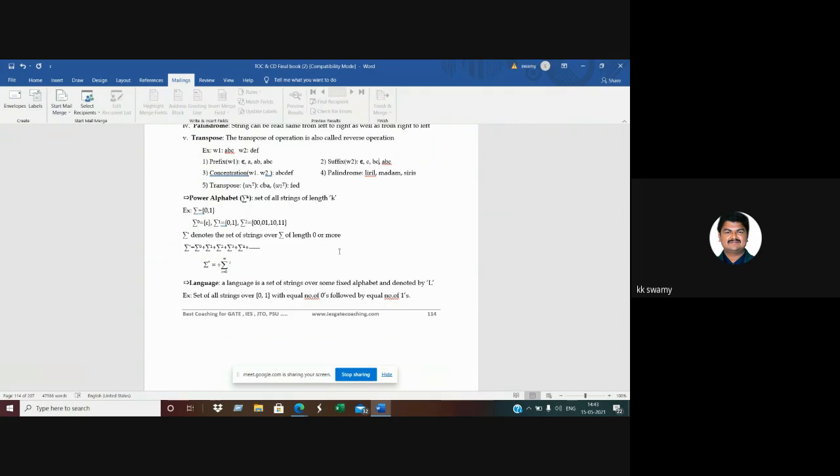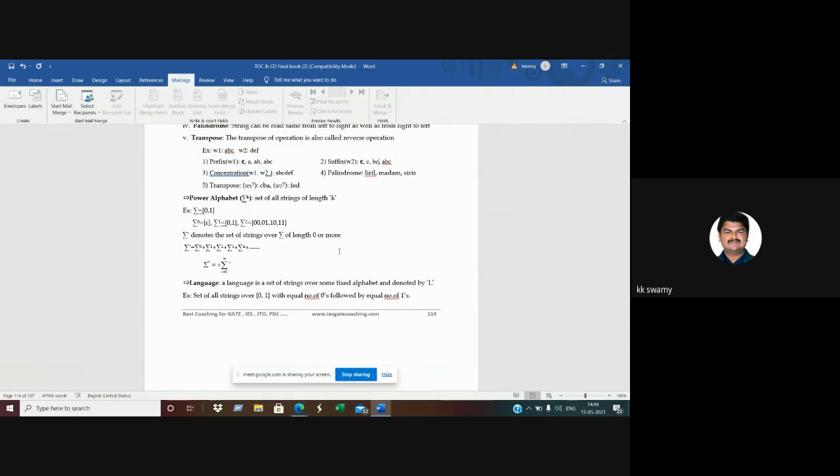Afterwards 00, 01, 10, 11. Not more than 3 means below 3 only. That means these strings are epsilon, 0 and 1, 00, 01, 10, 11. These all are limited strings, and a limited number of strings is called a finite language.